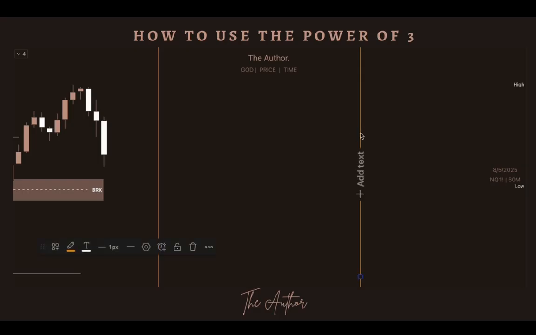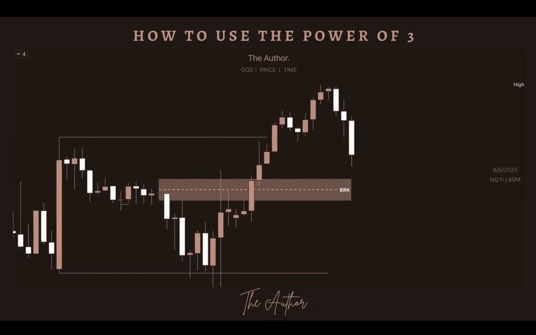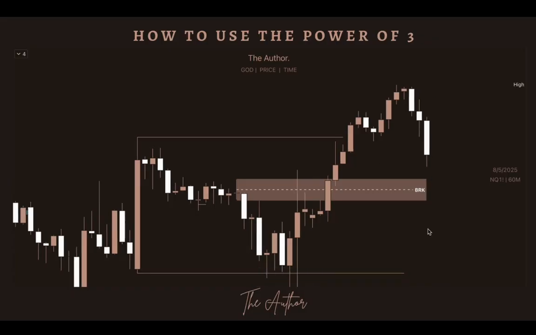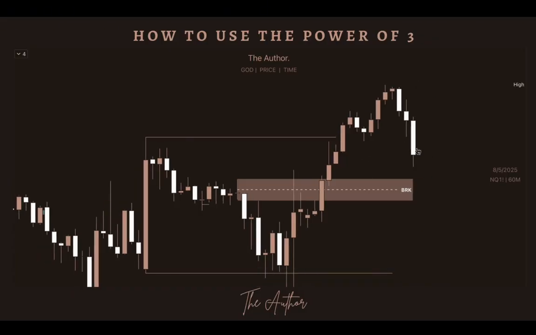So now let me show you an actual example of this. Let's move this chart over here. As you can see, we are bullish. Why? Because when we have a breaker, we also have a chance for optimal trade entry. We also have a dealing range. We also have a breaker block.